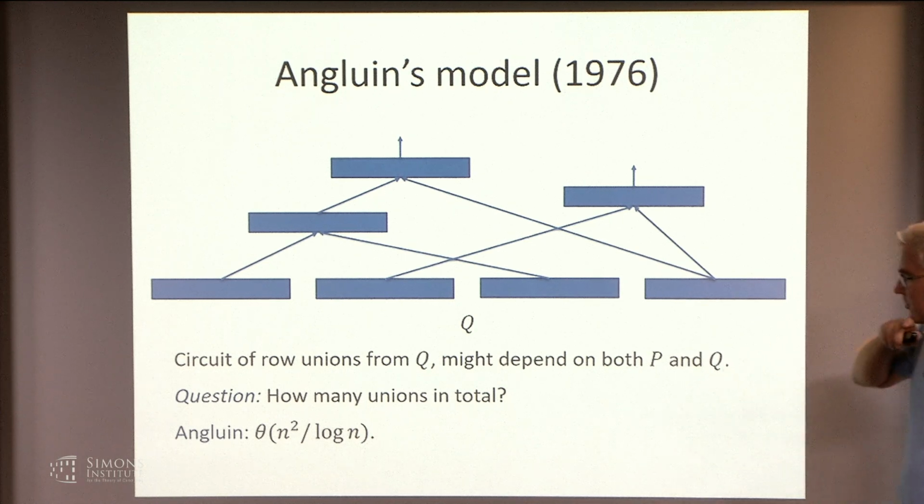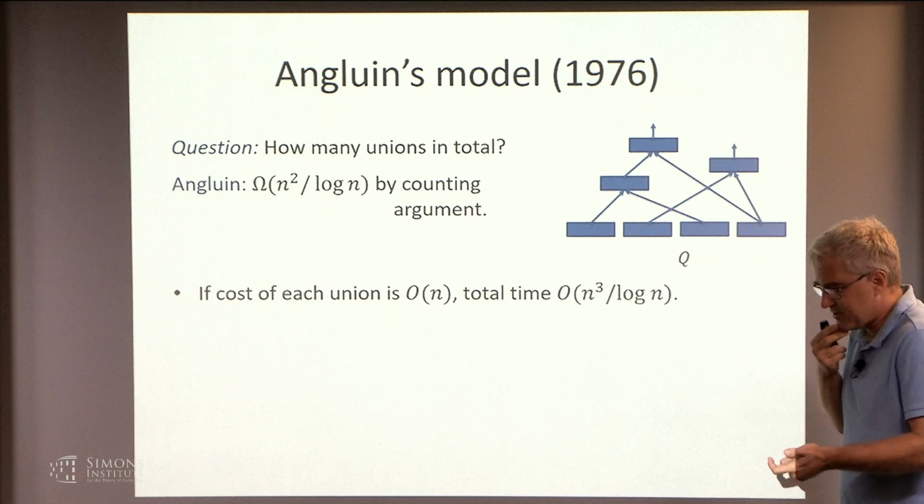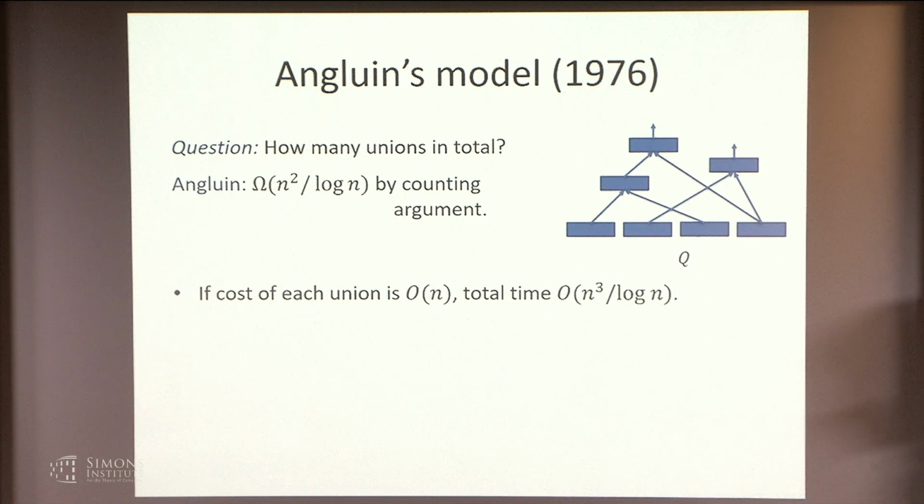So this is Angluin's model, and if you would translate it into an actual calculation using a trivial implementation of this scheme, how much would it cost you? You have these vectors of n bits, and you are taking unions.